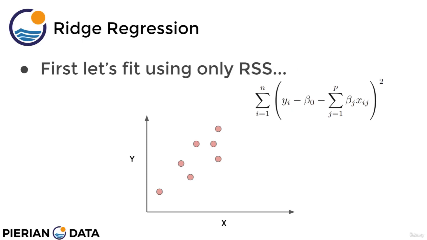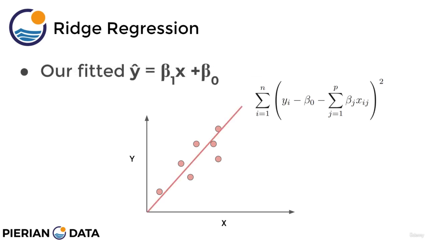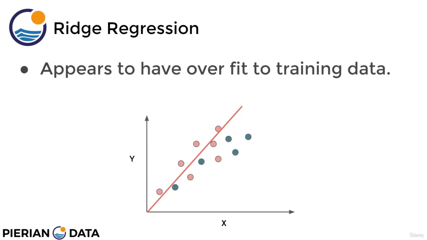So first, let's imagine we're only going to try to minimize RSS. So that's what we've done before. So then you get your fitted line only minimizing RSS. Maybe you do it through ordinary least squares, and you get back your beta 1 coefficient and your beta naught coefficient. However, in this particular case, it appears that you've overfit to the training data.